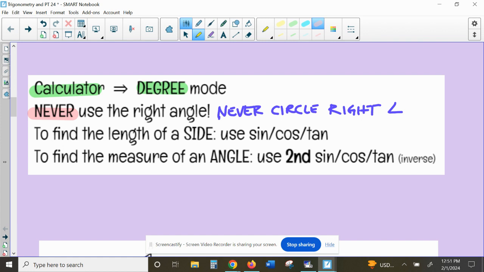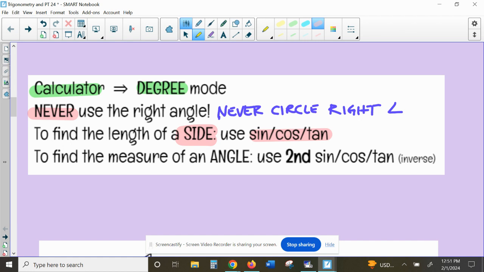If you're trying to find the side of a triangle, you're going to use the plain old sine, cosine, tangent buttons, which I showed you. Turn your calculator on. Does it say degree on the bottom? Yeah? Okay. So if I want to try to find a side, just go ahead and hit like the sine button. See what happens? What pops up on your screen?